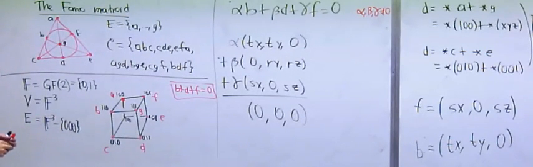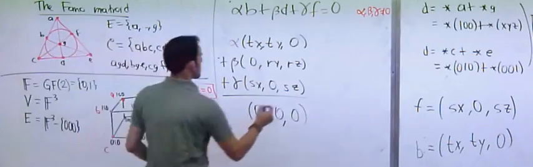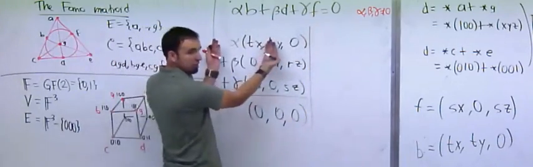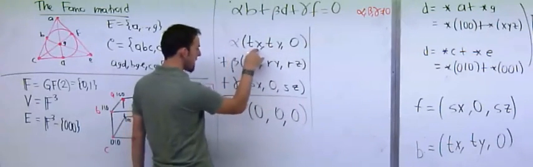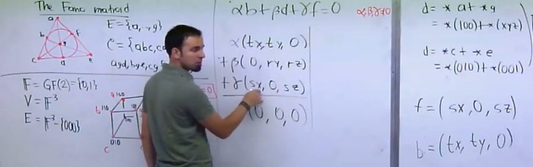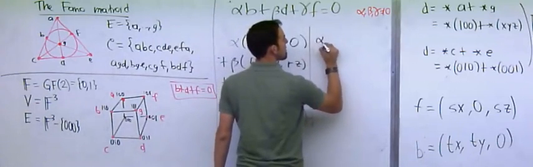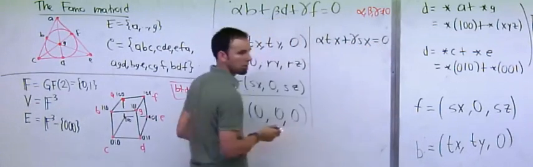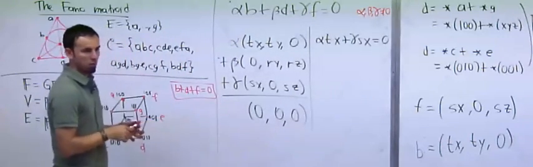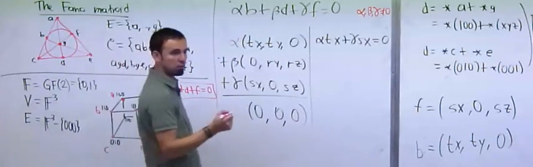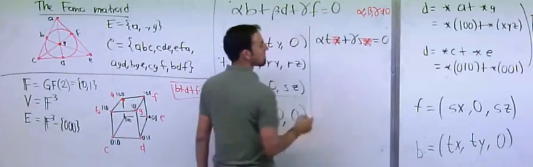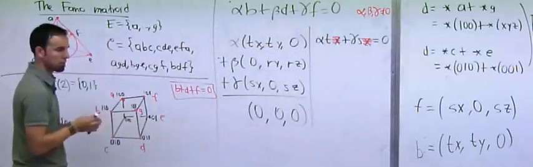Okay? Let's look at the first coordinate. I have alpha Tx plus gamma Sx equals 0. But remember that x is not equal to 0, so I can get rid of it. Okay.